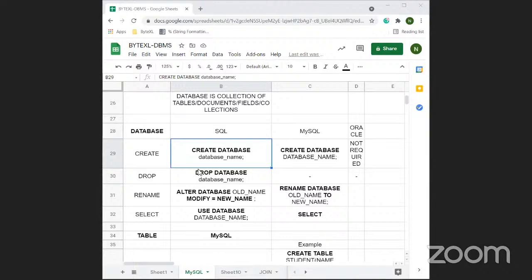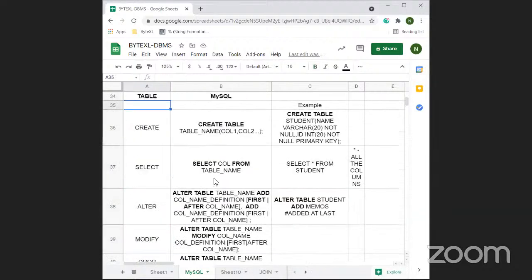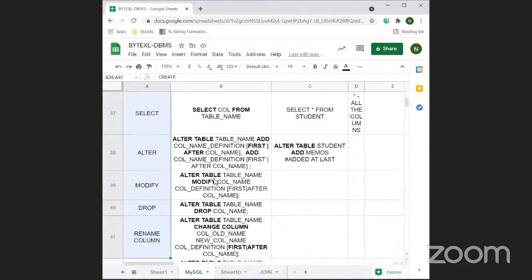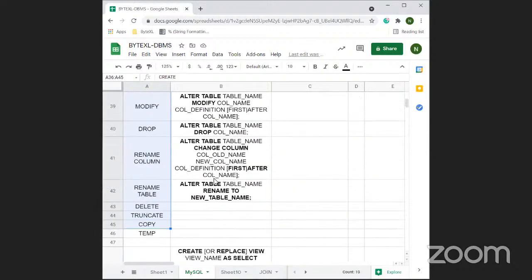If you want to drop, whenever we are dropping, it is deleted. And again, we will be seeing all these keywords in a little while. So these are the important tables that we will be seeing.